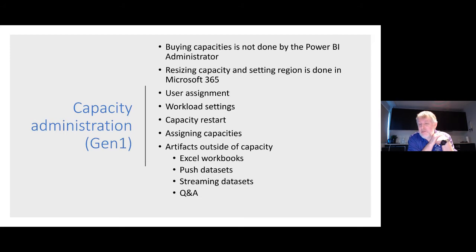Now, this is usually not a big problem, but it can be a huge problem if you're assigning your capacity to a certain region because you really want the data to stay within that region. Let's say that you have operations all around the world, and you have capacity in the US, capacity in Europe, and capacities in Africa or wherever, and you want the data to stay within those. But maybe your shared capacity or your initial tenant is in the US.